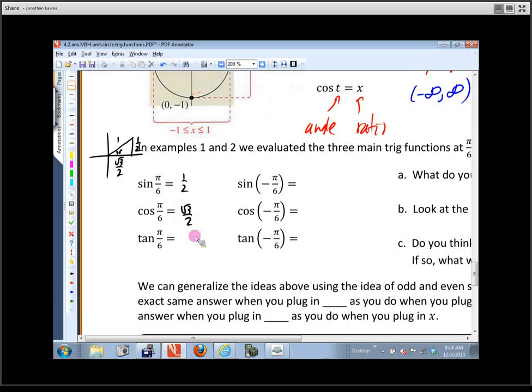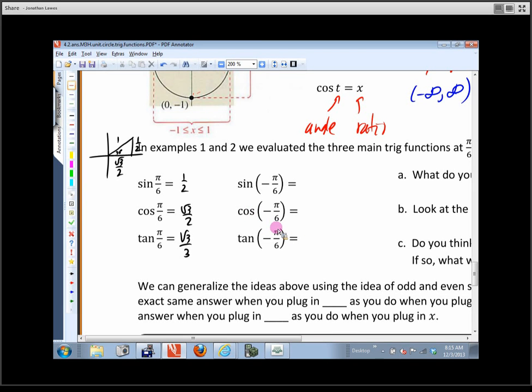And does anybody remember what we got for tangent of pi/6? It would have been the y-coordinate over the x-coordinate. We had to rationalize the denominator. Correct me if I'm wrong, but wasn't it radical 3/3? Okay, everybody good there?